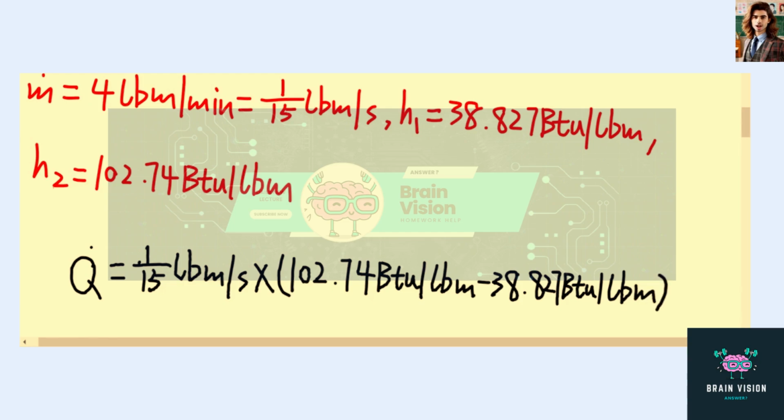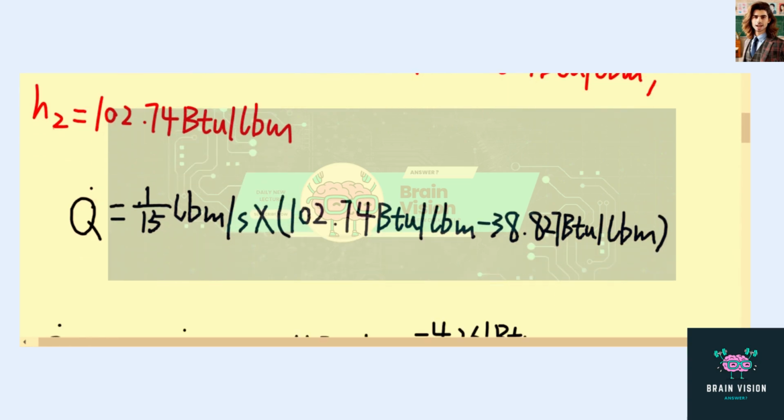Eventually, this gives us a rate of heat transfer in the refrigerant of about 4.261 British thermal units per second.